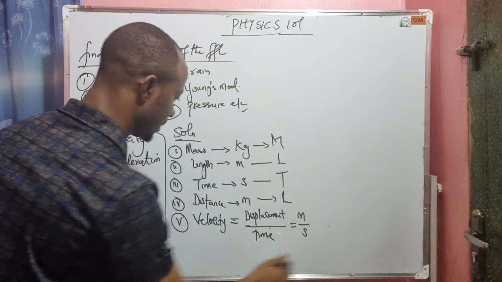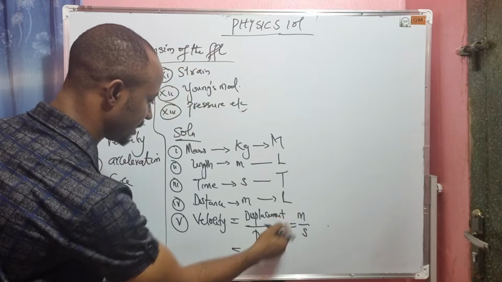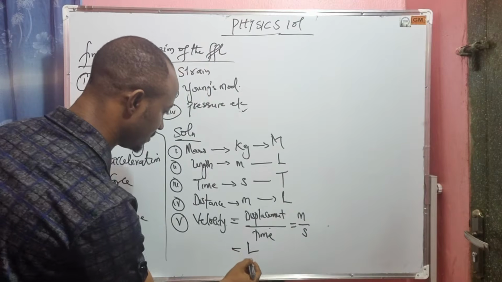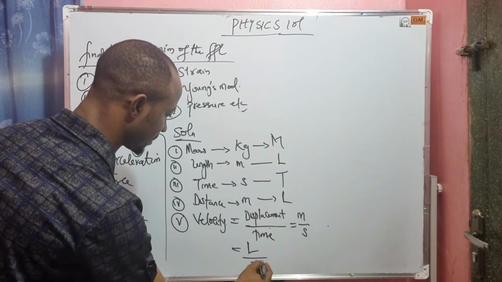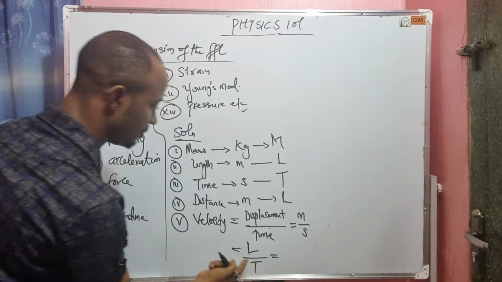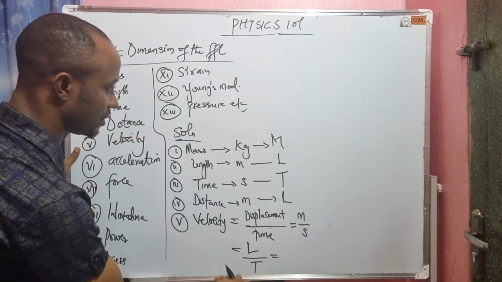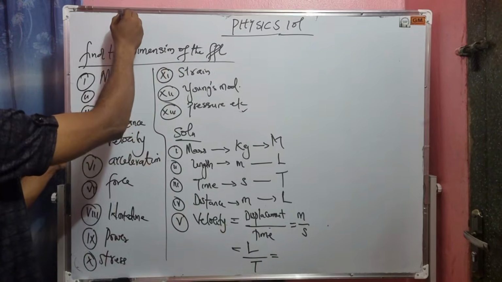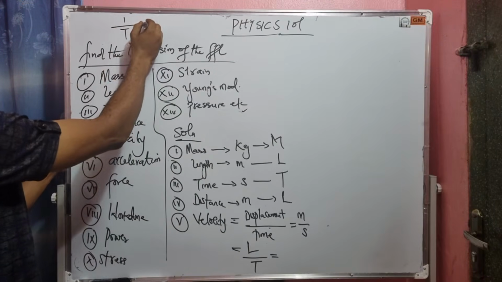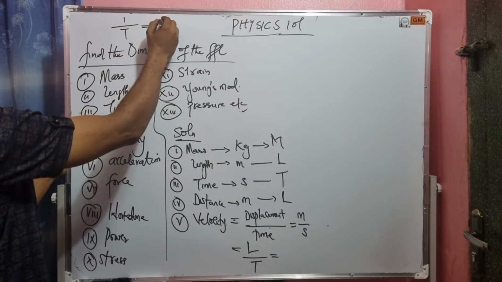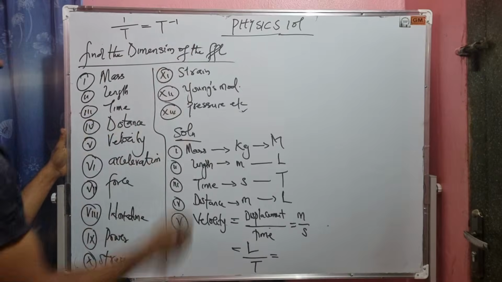Okay, let me come down here. Our meter is capital letter L, and second is capital letter T. By the law of indices, 1 divided by T is the same as T to the power of -1, right?